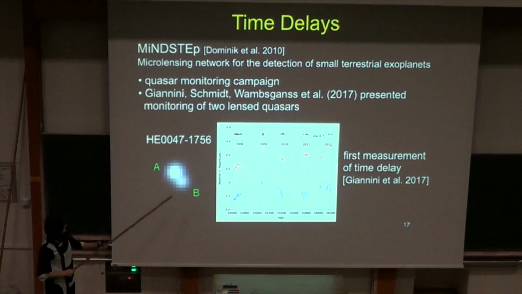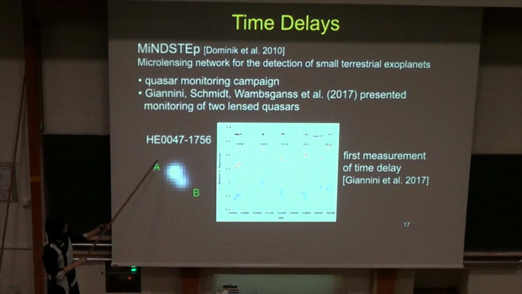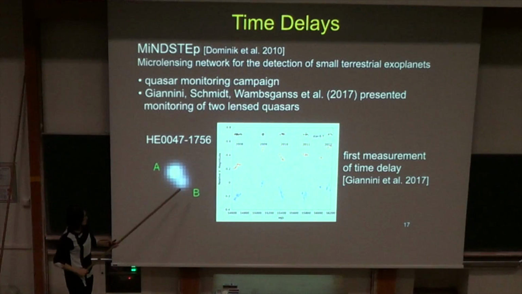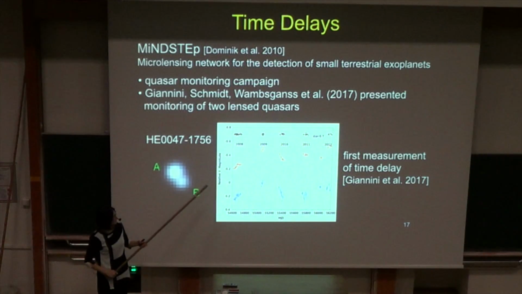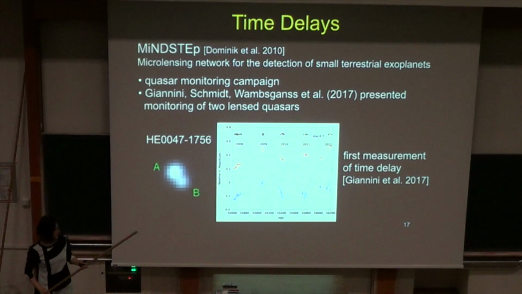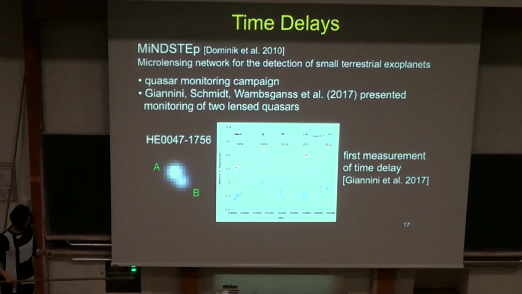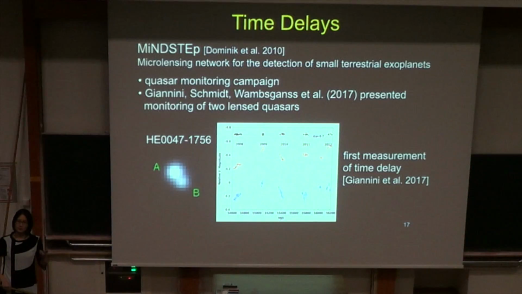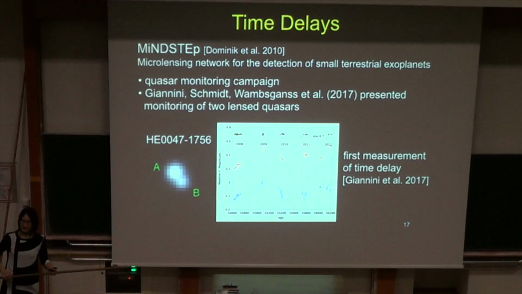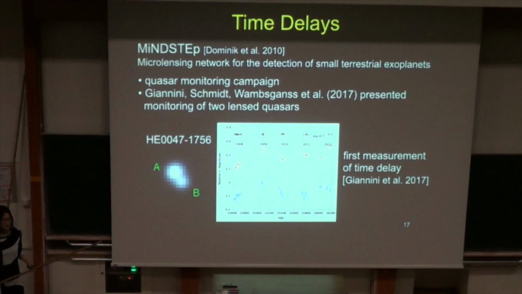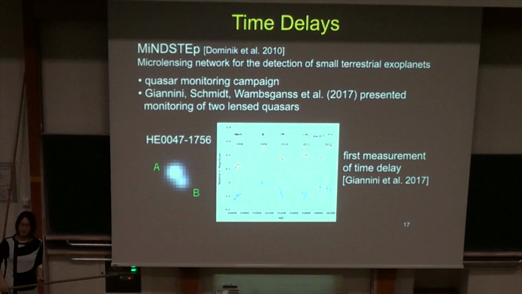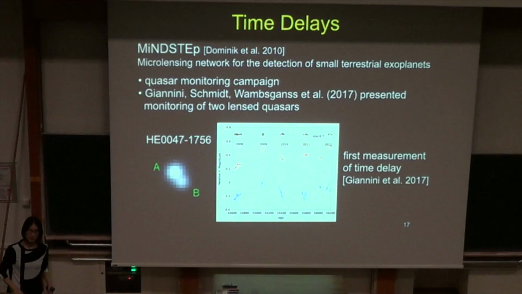Here's one of them. This is a 2-image system, with images A and B, and this is the light curve they got. From this monitoring, Giannini and collaborators have measured the time delay for this system for the very first time. So with the monitoring by COSMOGRAIL and other independent monitoring programs, we can now get time delays with a few percent uncertainty for each quasar lens.